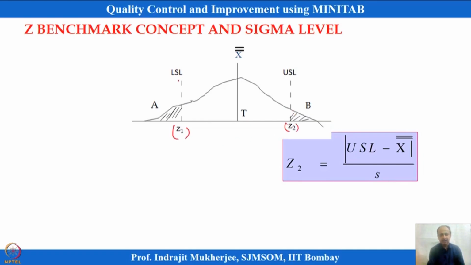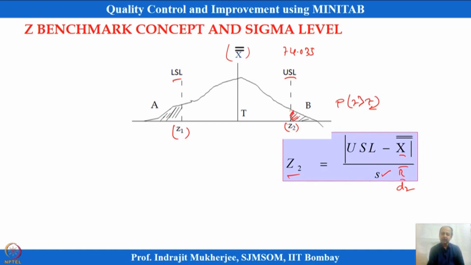This is the specification, like in the piston ring, X double bar is calculated as 74 point something, and the USL is also given like 74.035, and based on that I can calculate a Z, because this X double bar is known, and S can be calculated based on R bar by d2 over here, and this will give you some Z value, and if I can get the Z value, we can always get the probability of Z greater than the Z value.